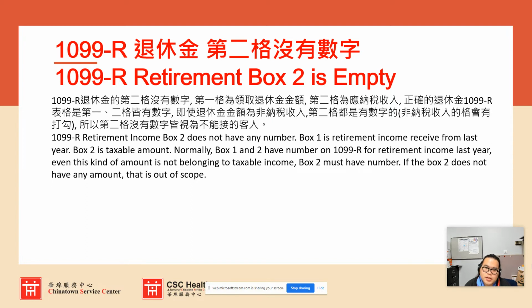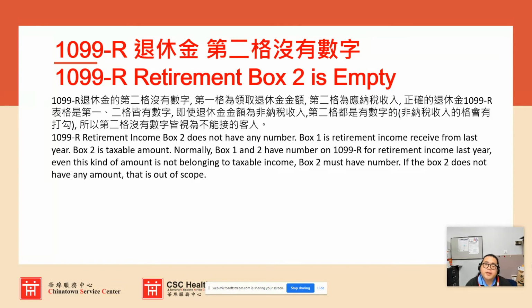When you see the customer's 1099-R form and box 2 does not have any amount, that means it is either zero or nothing there. This kind of customer we count as out of scope. We cannot take care of a person whose box doesn't have anything.